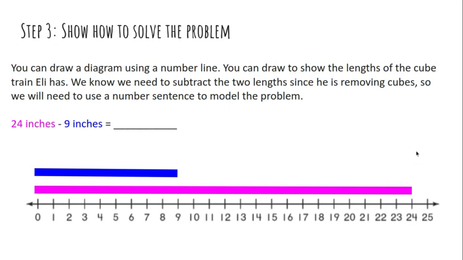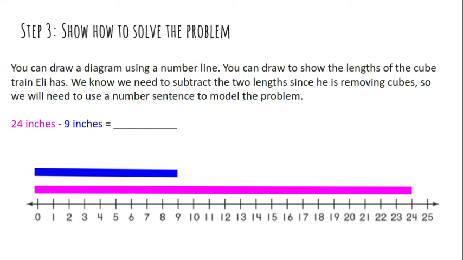The difference here is that my number sentence is going to be subtraction since I know he removed some. Another difference is that my 24-inch bar is long on my number line. Right now, you still see them overlapped. If you remember back to the problem where we had addition, the next slide would have been that I put them side by side.